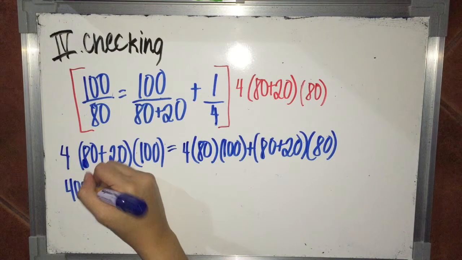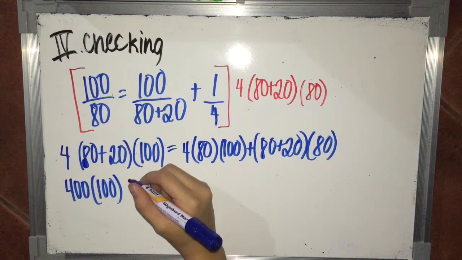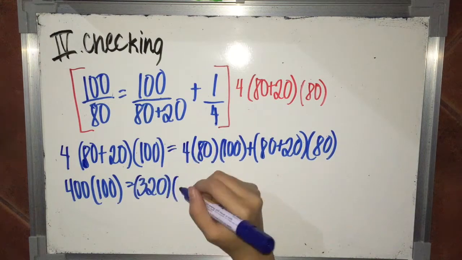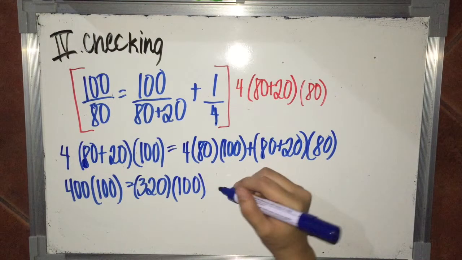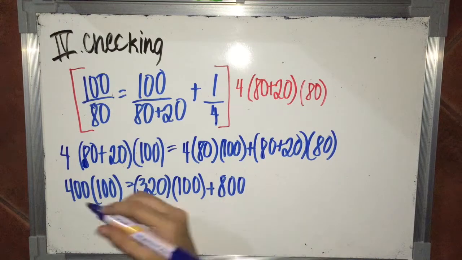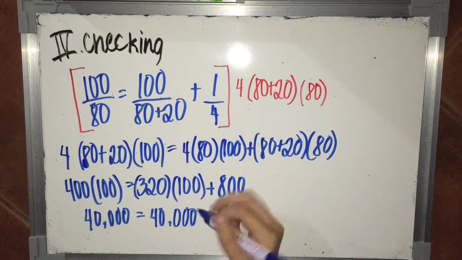Then add 80 and 20 so it will become 100. Then multiply 4 to it. It will now become 400 times 100 equal to the product of 4 times 80, which is 320, then times 100, plus the sum of 80 and 20, which is 100, multiplied to 80, which is 8000.